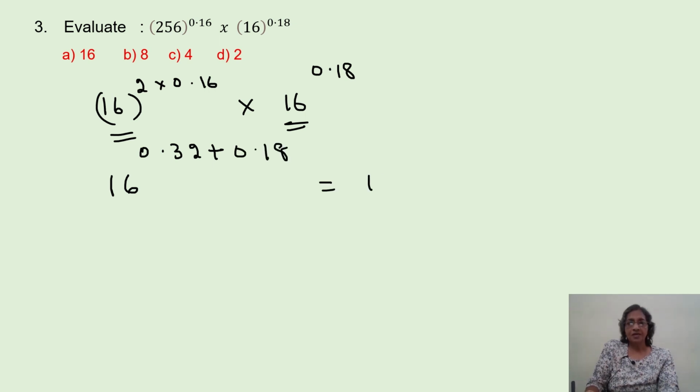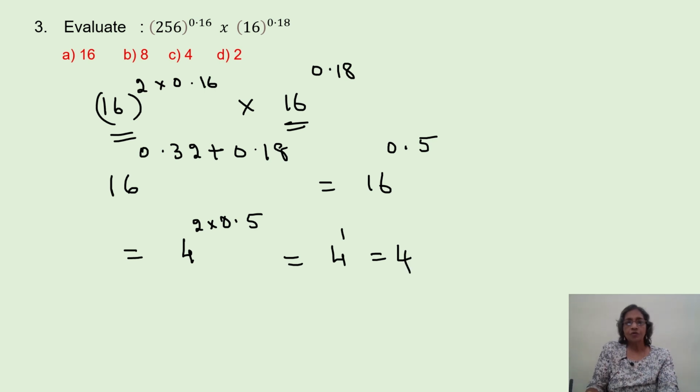And this comes out to be 16 raised to 0.5. Now the 16 I can convert as 4 raised to 2 into 0.5, which is nothing but 4 raised to 1. And the final answer is 4. So option C is going to be the correct answer.